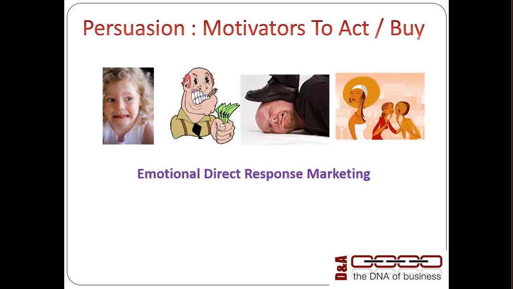What do we mean? Well, emotional is basically appealing to people's emotions to get them to make a decision. So not logic. I used the example here with my wife driving her Saab when she used to have a Saab. If you asked her why she drove a Saab, she would say because it's one of the safest cars on the road. Safety, that's the logical reason why you would drive a Saab.